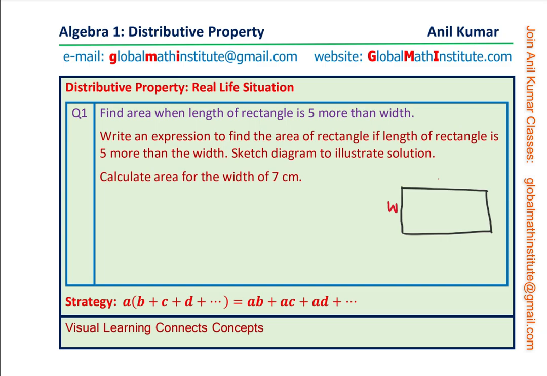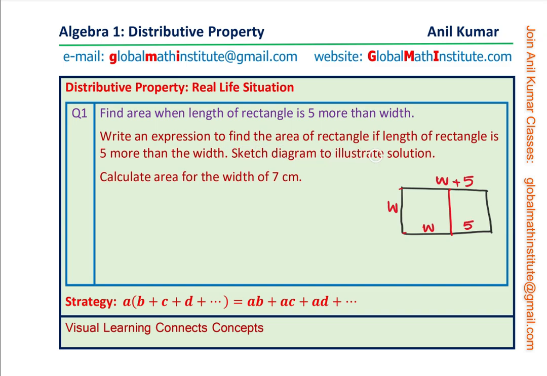So width plus 5. 5 more than width is the length. We can visualize that if the width is this much, then on the diagram it will form this particular shape. You can think this is the width and this is 5 more. You get the idea, right? 5 more than the width.